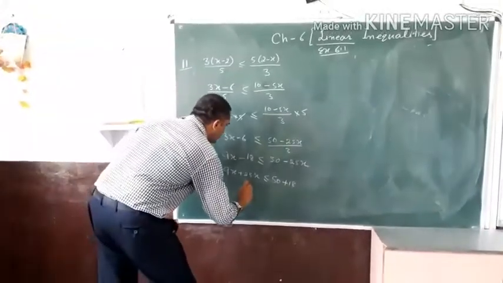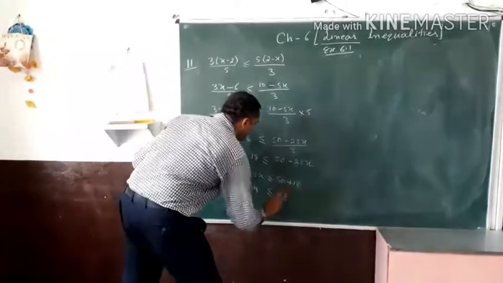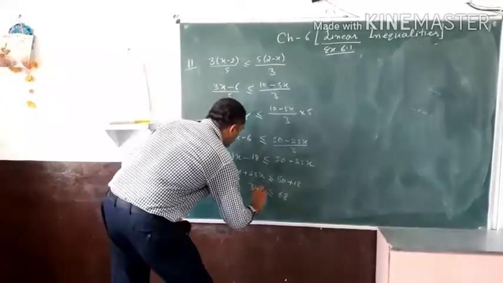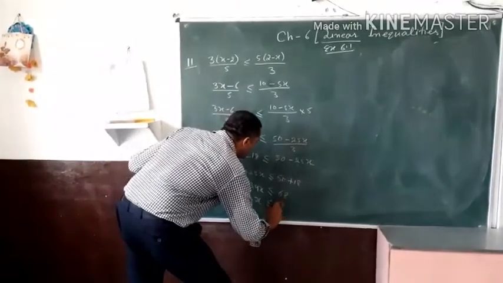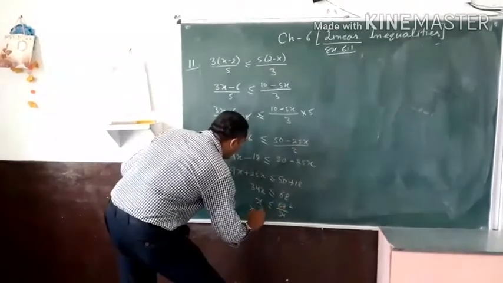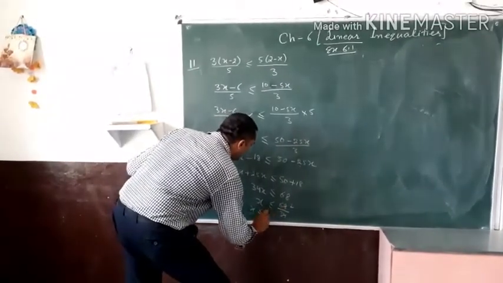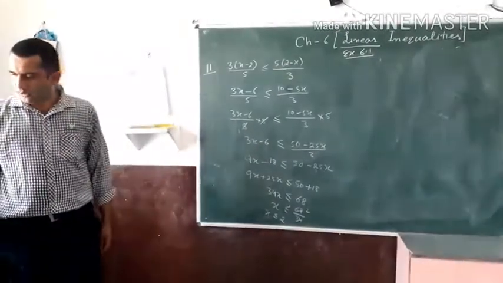It will be 34x less than or equal to 68, and x less than or equal to 68 over 34. So the value of x will be less than or equal to 2. So this is the solution of this question.